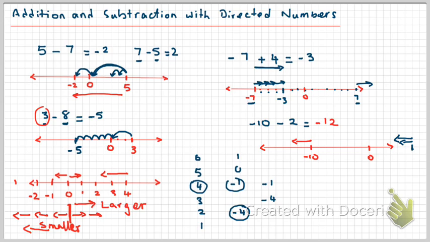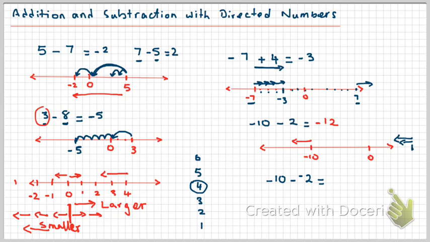Let's keep going. Let's do one more example. Let's do something a little bit harder. Let's look at, remembering these are directed numbers, negative 10 minus negative 2. Now this is the trickiest we could have.